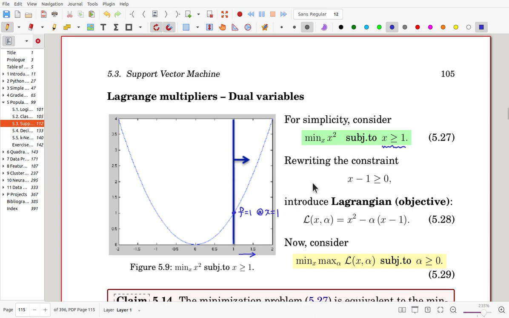Okay. Now, for the constraint, we may write it this way: x minus 1 is larger than or equal to 0. And here, for this original f of x, along with the constraint, we make a linear combination: x squared minus alpha times (x minus 1). That is called the Lagrangian. And now alpha is the Lagrange multiplier.